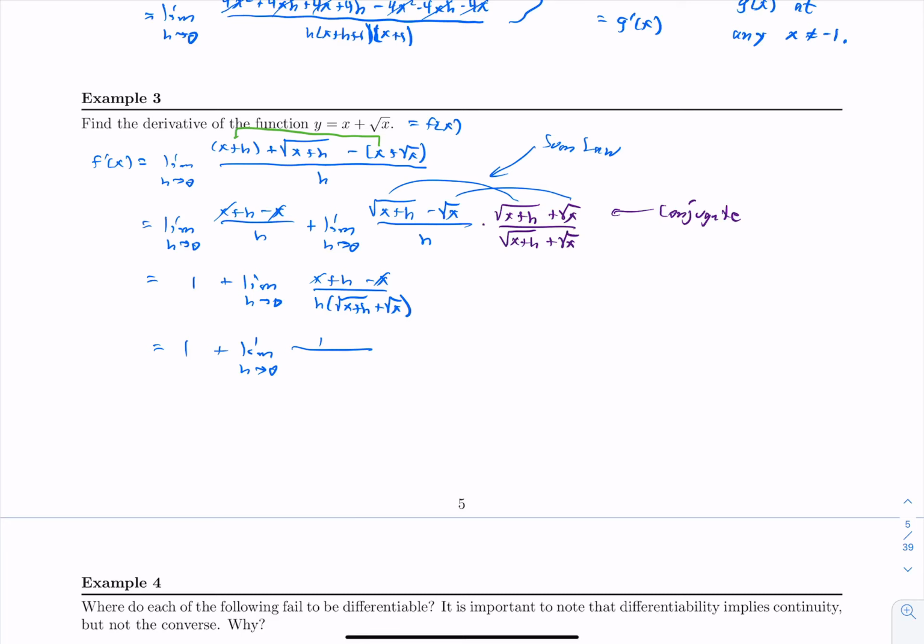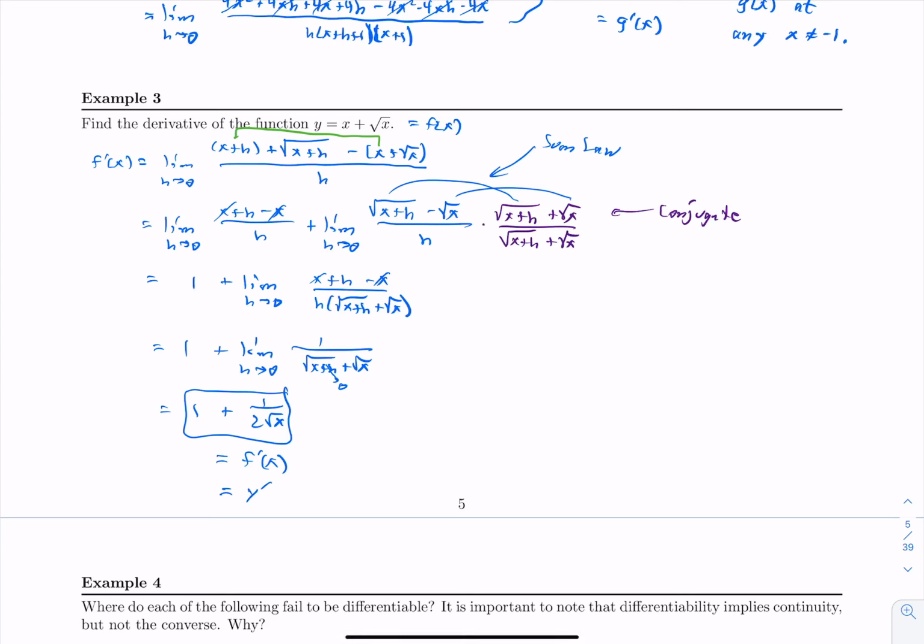H divided by h is 1, and we end up here with that sum of the roots on the bottom. And now we can take the limit. The limit as h goes to 0, that little h goes away, and we're left with 1 plus 1 over 2 root x. So this is my f prime of x. Or you could write y prime. Y prime is used as well.